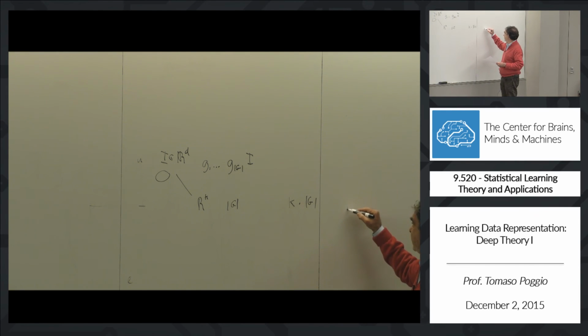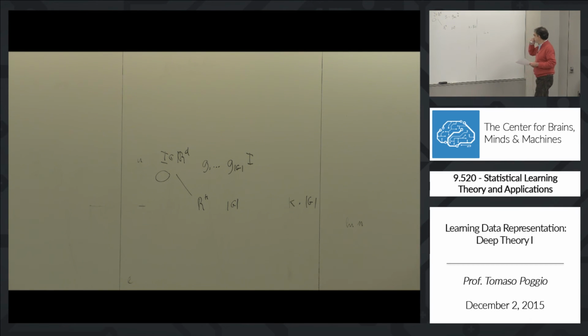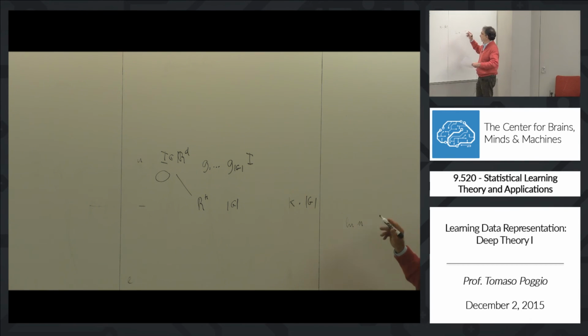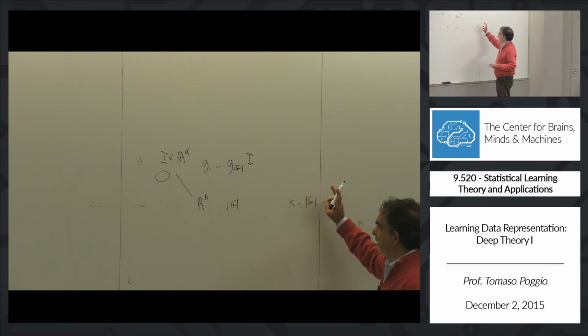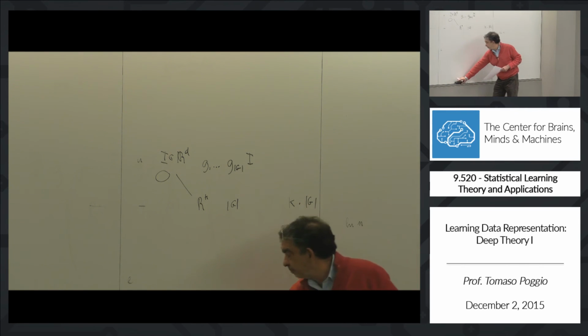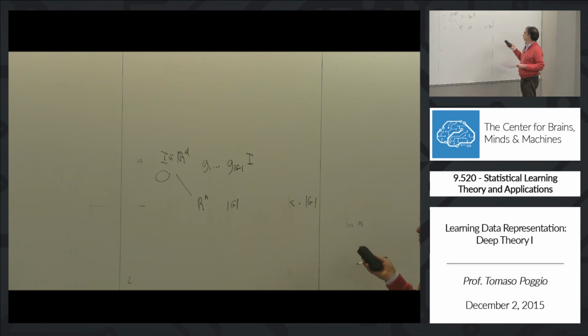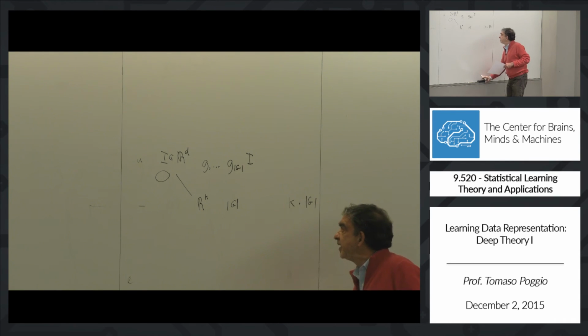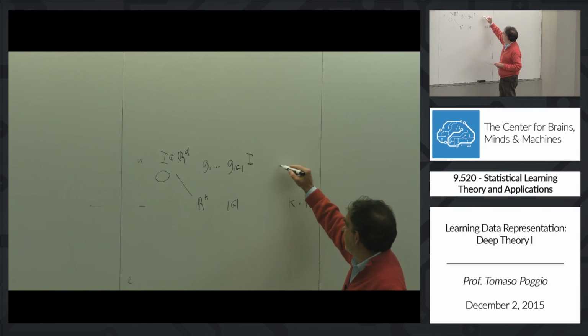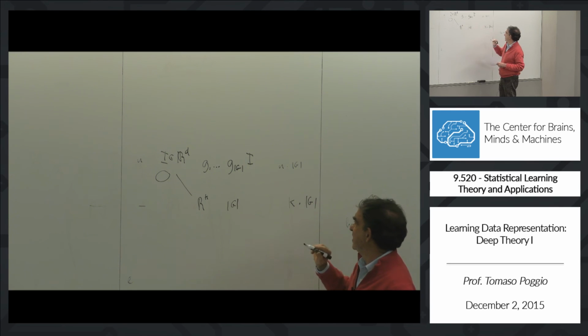So the total number of k will be depending on log n. Sorry, let me say it this way. Now I have n times G objects, images.